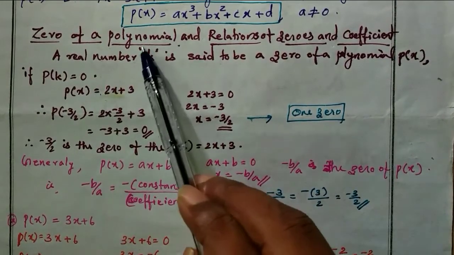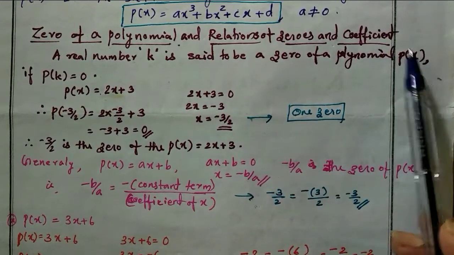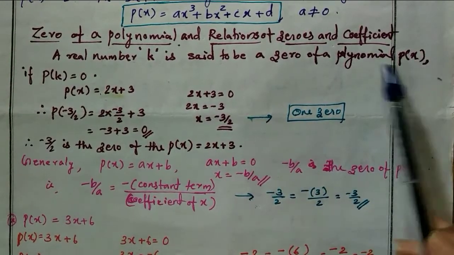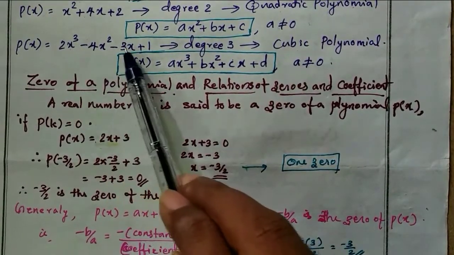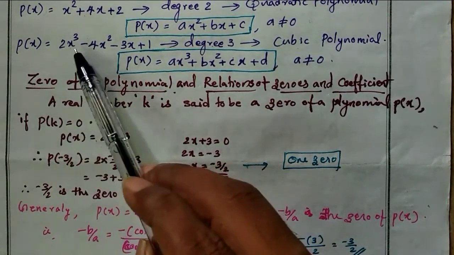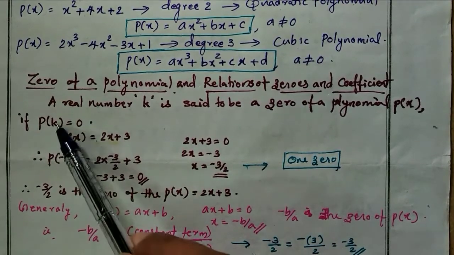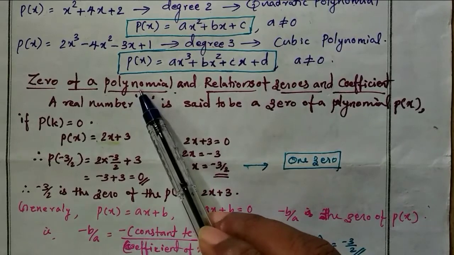That means if you substitute k in the place of x in the above polynomial, 2x cube minus 4x square minus 3x plus 1, you will get the answer 0. That number k is called a zero of a polynomial.